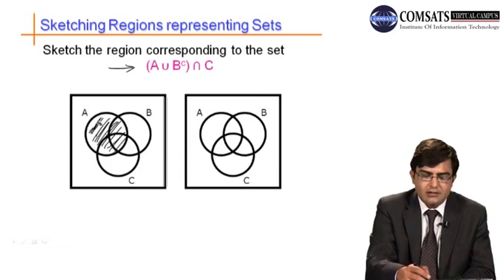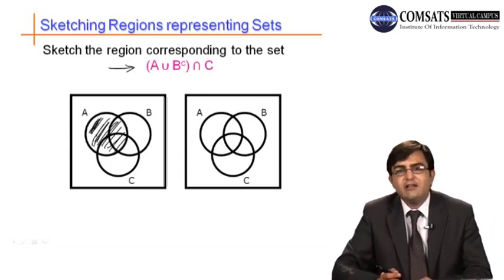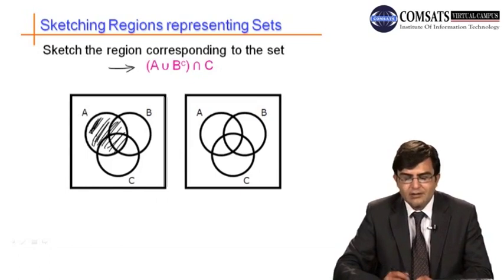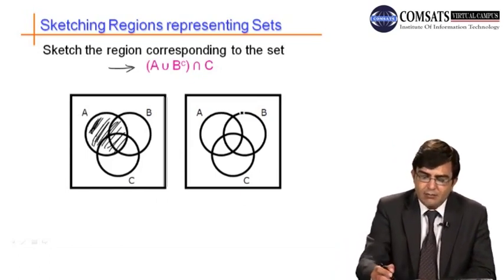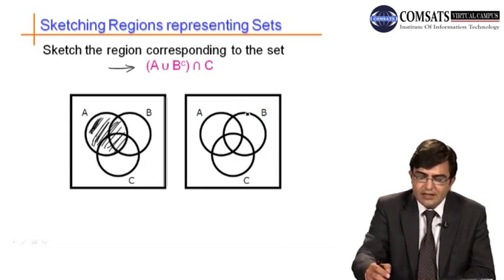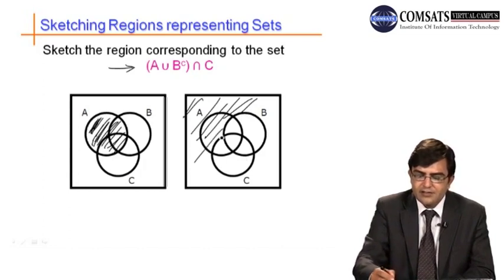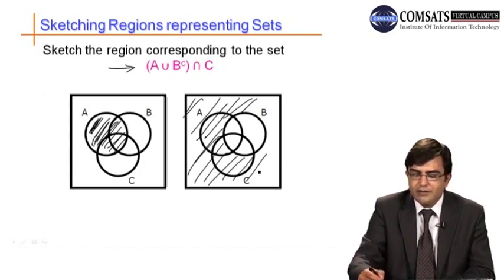We take the union of A with B complement. Now what is B complement? B complement is that region other than B. So this is B. The B complement is the whole region with respect to U. We are taking the complement with respect to the universal set.